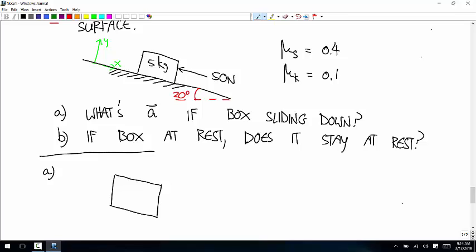Times 49.05, so 0.1 times 49.05. Okay, and then you know that the acceleration is only along the x-axis, and so you can still calculate that.